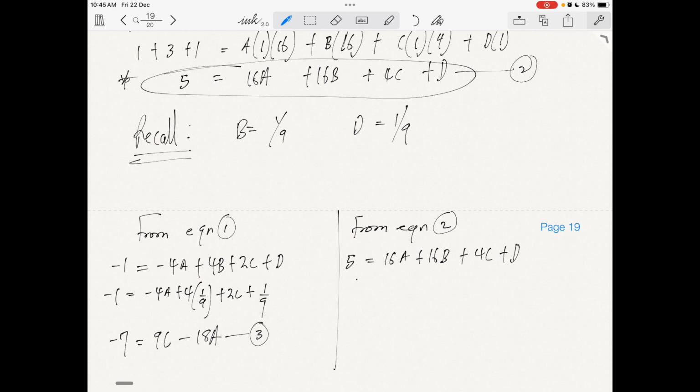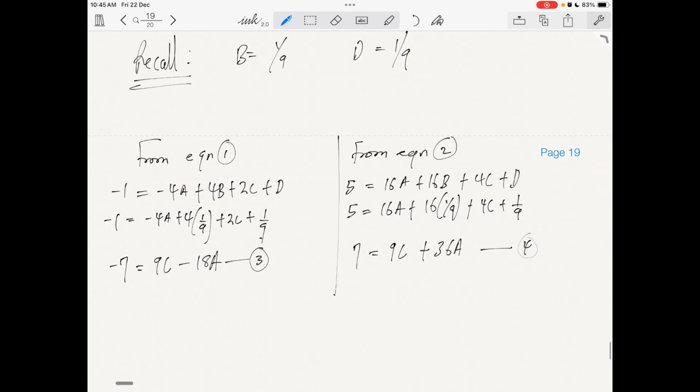So 5 is equal to 16a plus 16 into 1 over 9 plus 4c plus 1 over 9. Now solving this thereafter will give us 7 is equal to 9c plus 36a. We can call this equation 4.